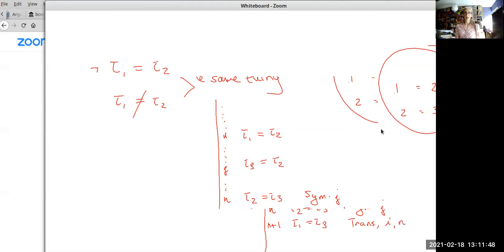Now you might be sitting here saying, but Dr. Logic, why does it make a difference? Obviously, tau 3 equals tau 2 is the same as tau 2 equals tau 3. Why can't I just do transitivity directly on I and J? This is because things that are obvious to us working in English need to be made explicit when working in a logical proof theory. Yes, it's obvious that these two are the same, but in our proof theory, we've actually defined a rule that tells you that you can move from one of these to the other.